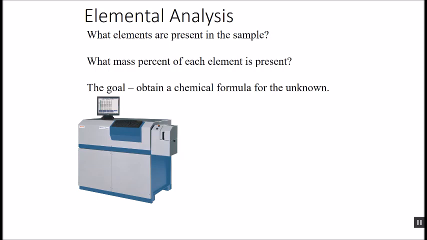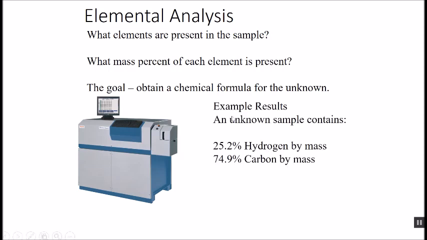Now if you do that, what can you get? For example, you put an unknown sample inside your elemental analysis, and what it will tell you is that you have, for example, 25.2% hydrogen and 74.9% carbon. And is that useful for anything? Well, it turns out you can actually use this to get a chemical formula.